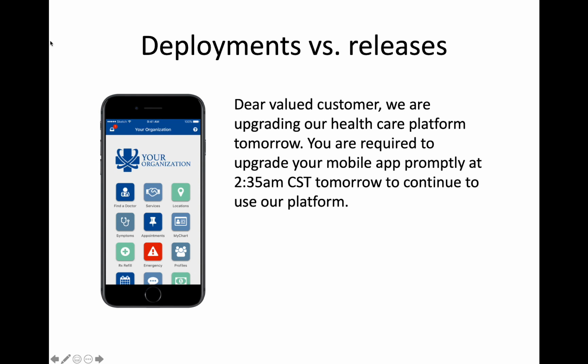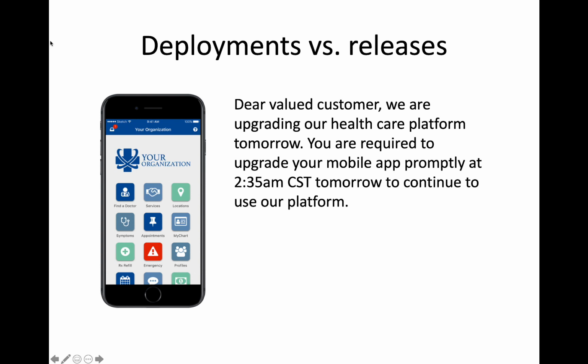Now, think about all the major internet companies that are out there, the Googles and Facebooks and the Netflix of the world, Amazons. Imagine if they operated like this, where the deployment of their platform was tightly coupled to the release, and they would have to force their customers to upgrade their client software to continue using their platform. If that was the way that they operated, they certainly would never have been able to grow to the size they're at today.